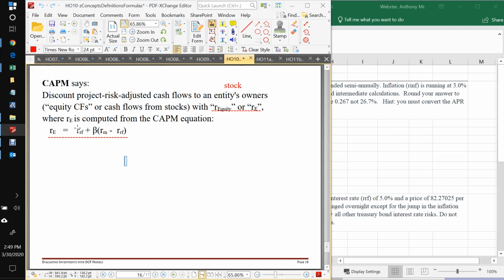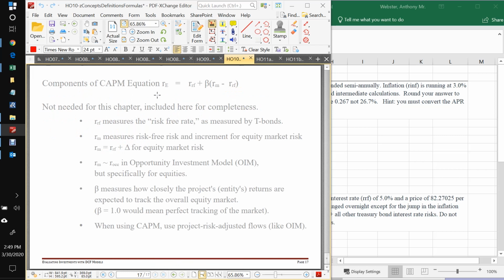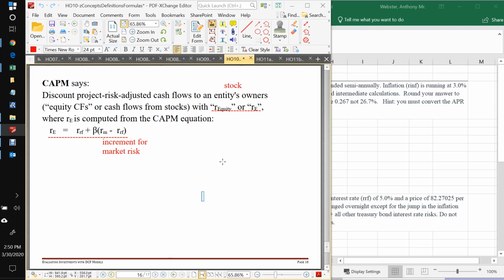RE is equal to our risk-free rate plus this thing called beta times our market interest rate minus our risk-free rate. So this is increment for market risk in parentheses. So that's the CAPM model. I've got a lot of details on the CAPM model here that we are going to have to come back to in a future chapter. But for exam 2, you really just need to know that the CAPM model exists.